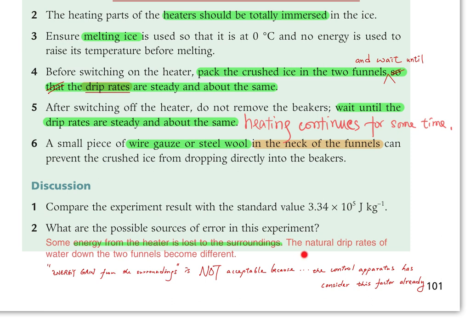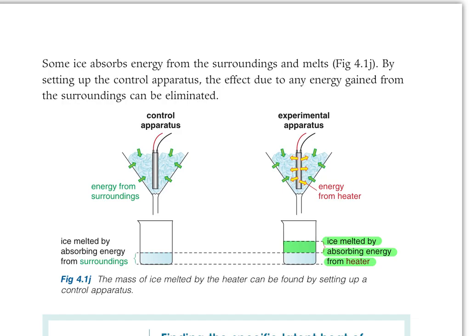Another possible source of error is the different drip rates of the two funnels, especially at the end of the experiment. So eventually, the experimental apparatus will get a lot of water, while the control apparatus will get less.